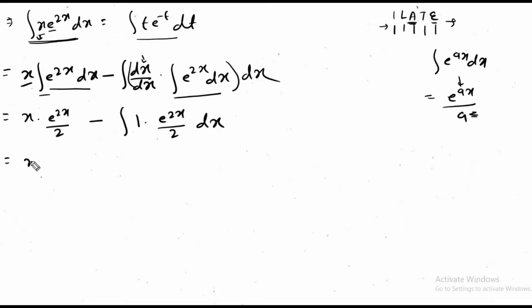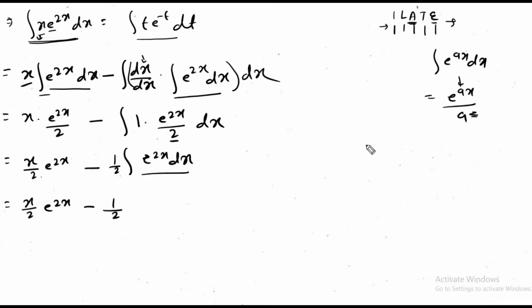Simplify this equation. x upon 2 e to the power 2x minus, this one is a constant, so it is taken out from the integration, so e to the power 2x into dx. Now x upon 2 e to the power 2x minus 1 by 2.